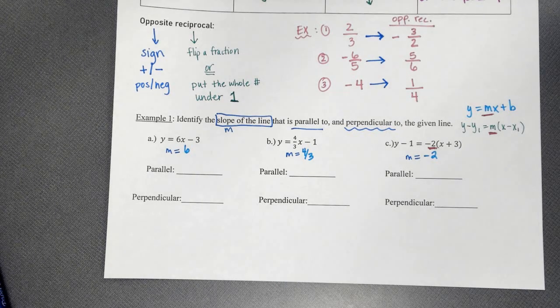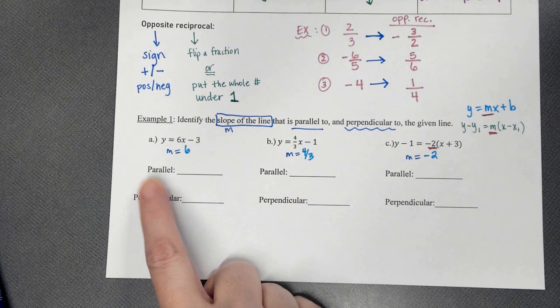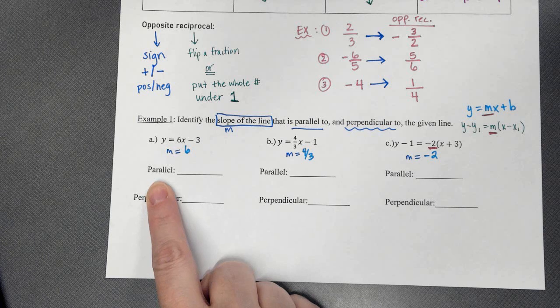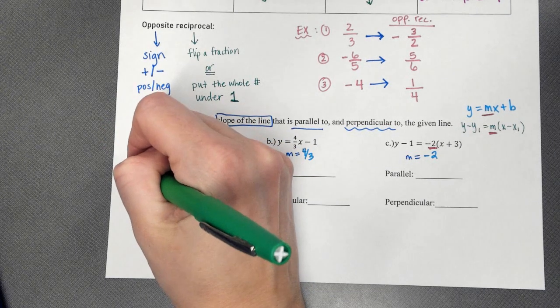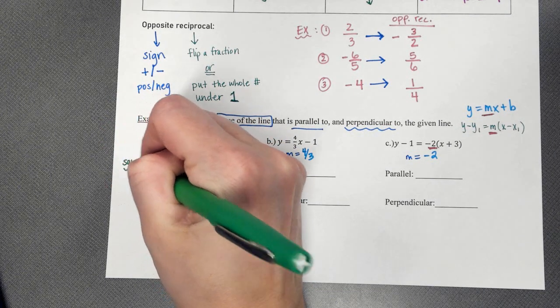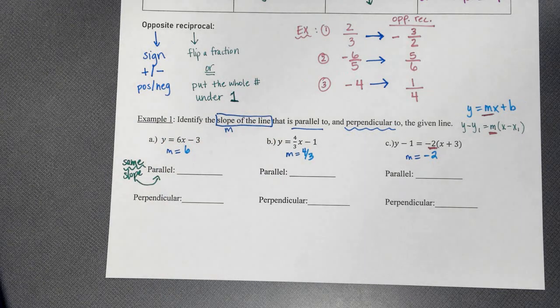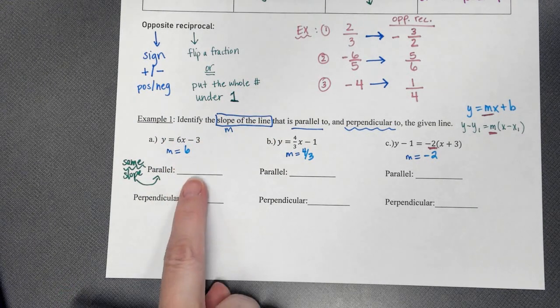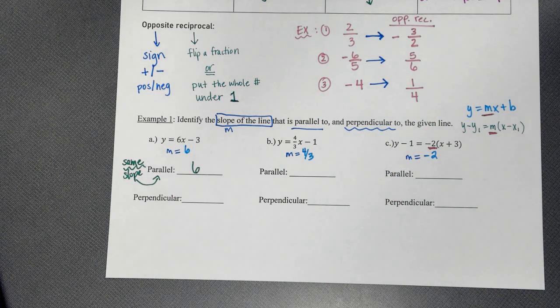There you go. And then once you have done that, if you're trying to find the slope of the line that's parallel, we just talked about how if it's parallel, the slopes have to be the same. So if the slope of the line is 6, the slope of the parallel line is also 6.